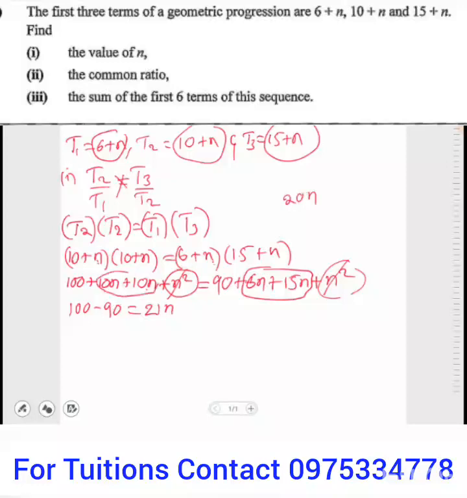I've added this part, and when it moves to this side, it becomes negative 20n. So we are going to say 100 minus 90, that's going to be 10, is equal to 21n minus 20n. 21 minus 20, you are going to have n. So that means that the value of n is 10.